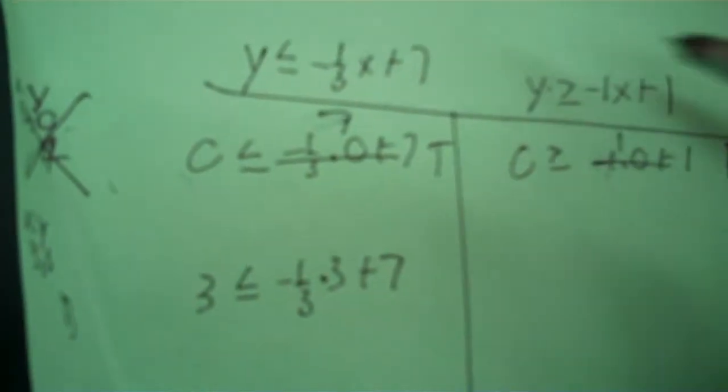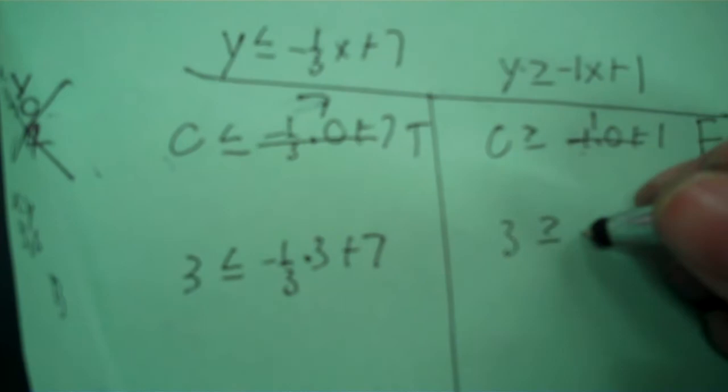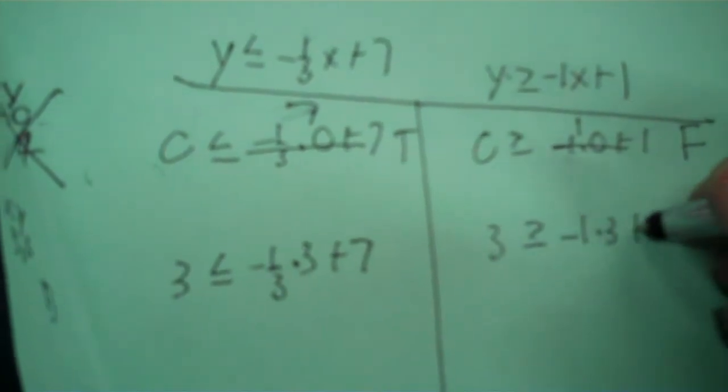Now B. Let's go 1, 2, 3, 3, 3. It's always kind of good if you can get the same like that, because it doesn't matter, because then they're the same and you won't screw up X and Y. So 3 in for Y, and then negative 1/3 times 3 plus 7. 3 in for Y, negative 1 times 3 plus 1.